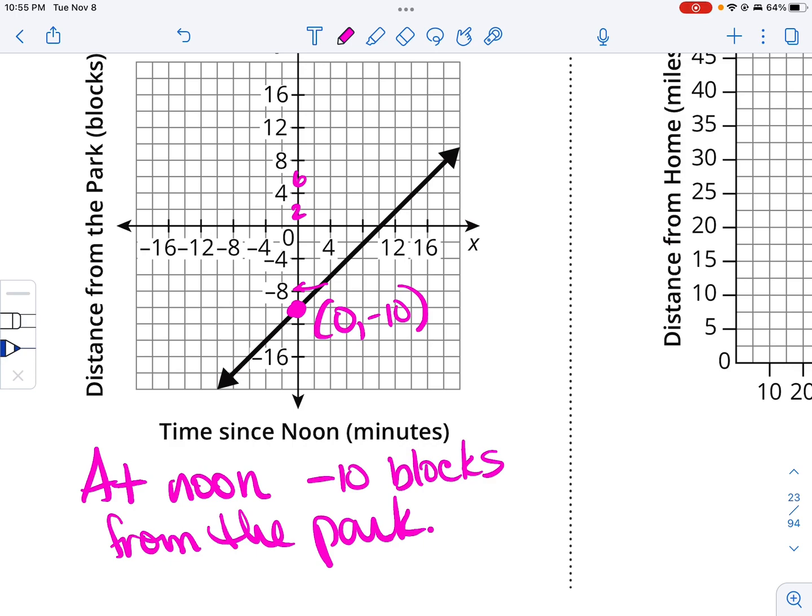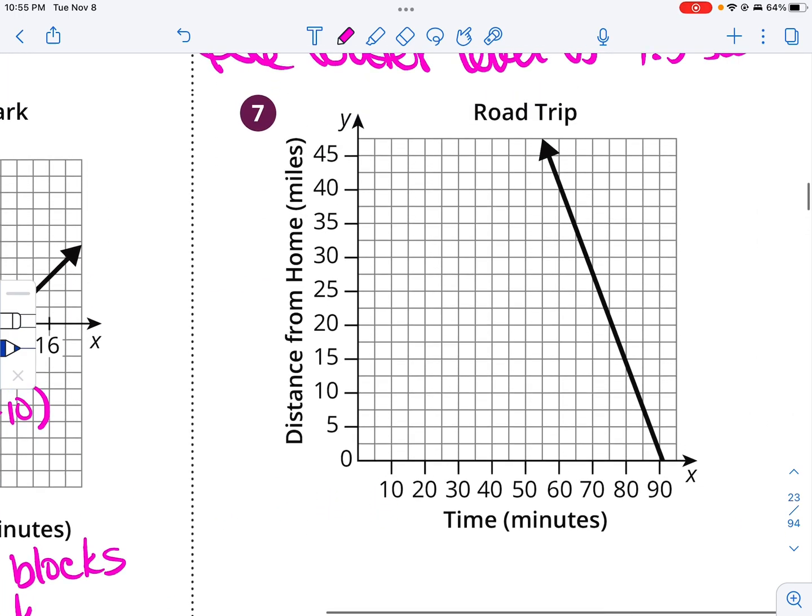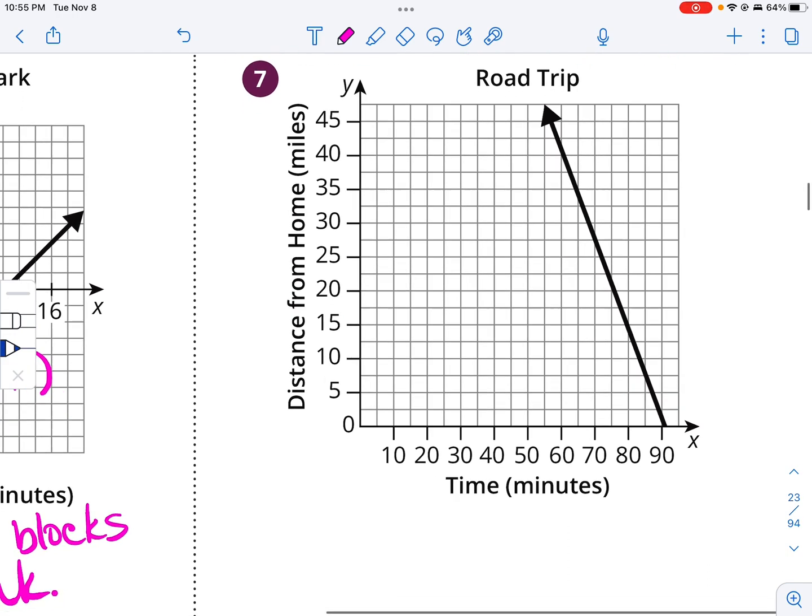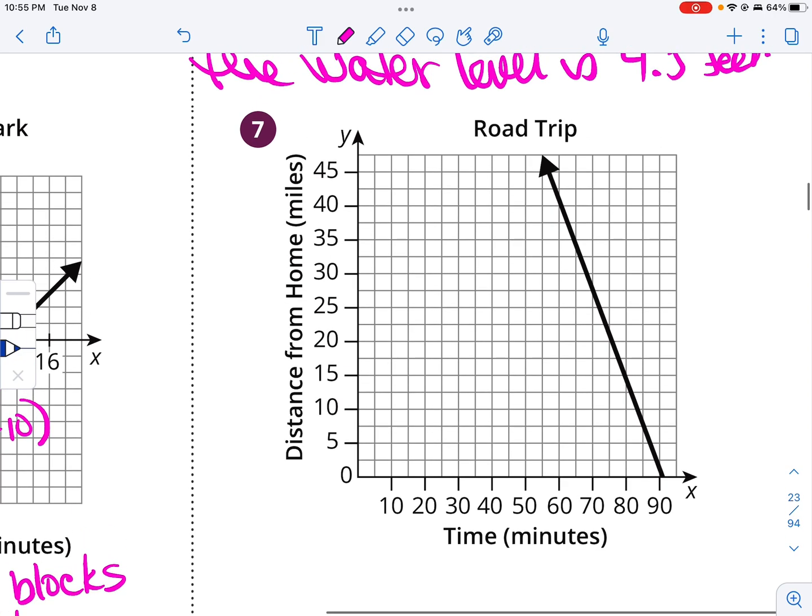That makes absolutely no sense whatsoever. What does that mean? You're in the park? That makes no sense at all. Uh-oh. It doesn't show what this one is.